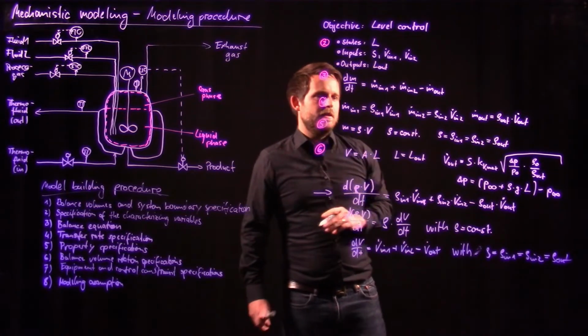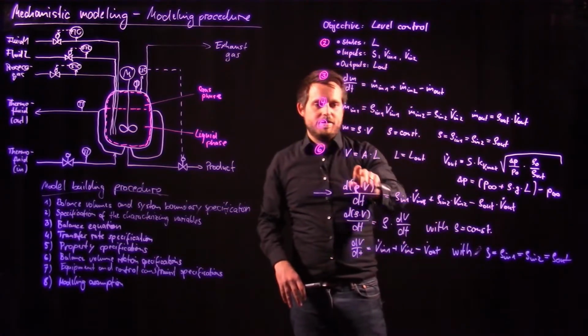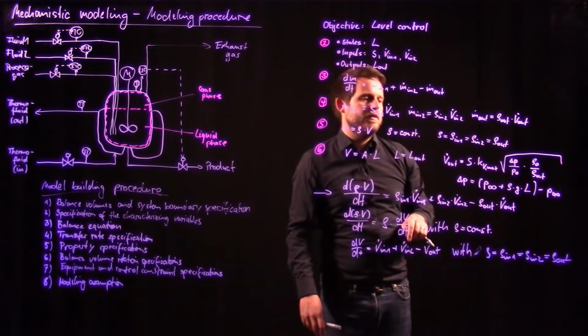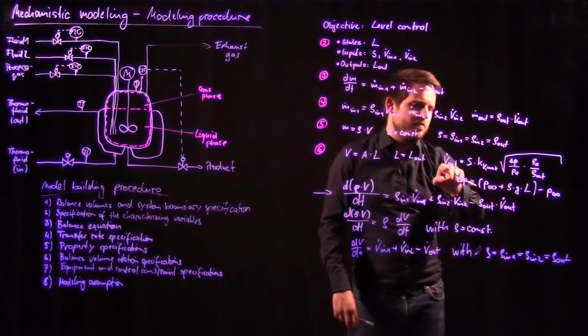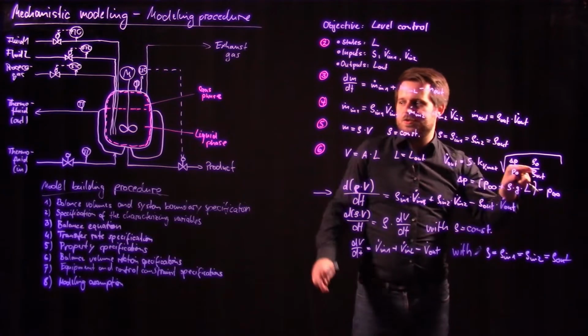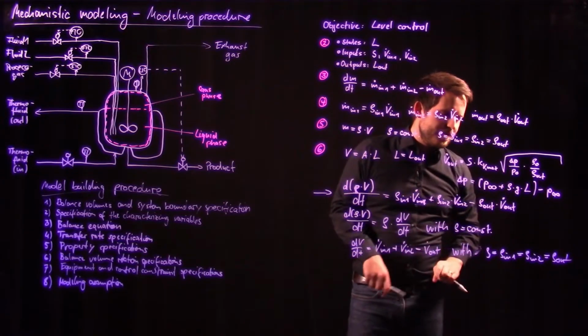And finally, you can look into the other equations and plug in the relationship between the volume and the level. I also plug in our relationship for the output volume flow, which depends on this valve equation and this pressure difference.